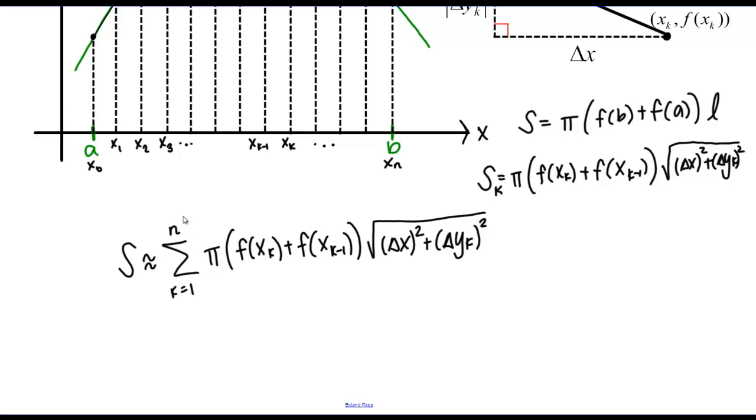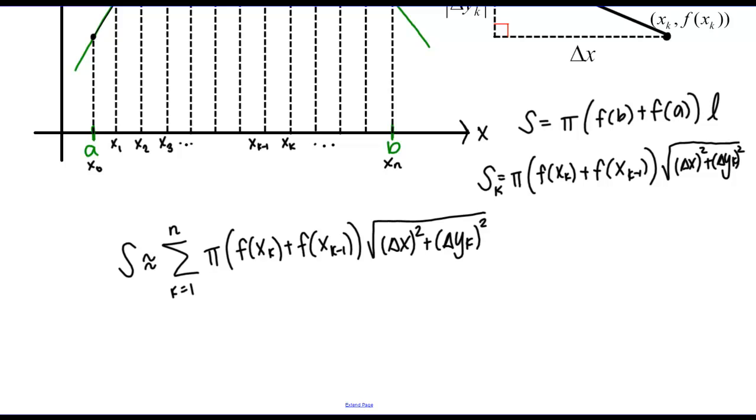So what I've done here is I've just summed over all my subintervals from k equals 1 to n, and inside the summation here, I just have the expression which gives me the surface area of a single frustum for one subinterval.